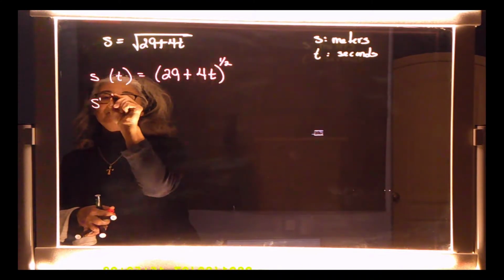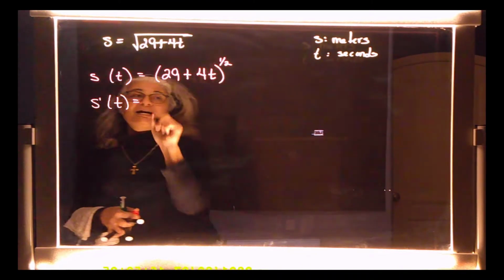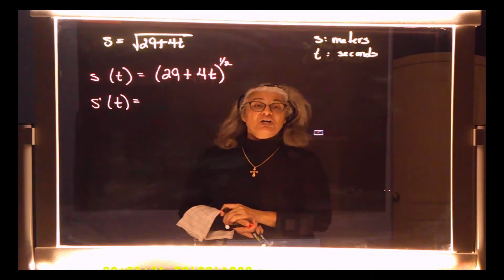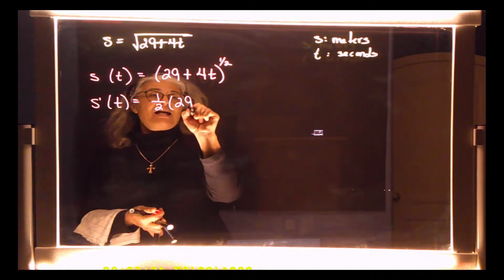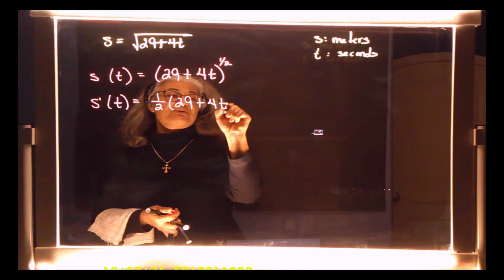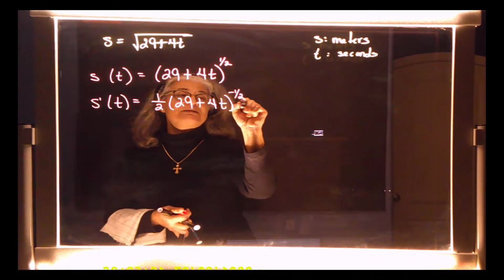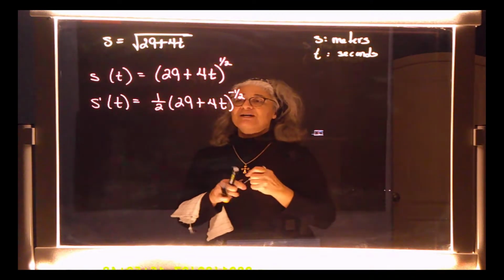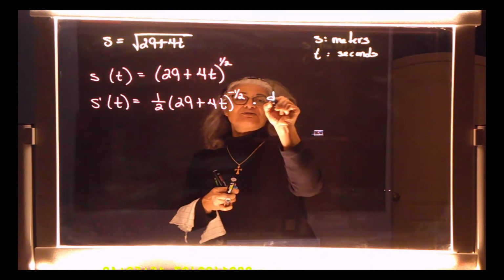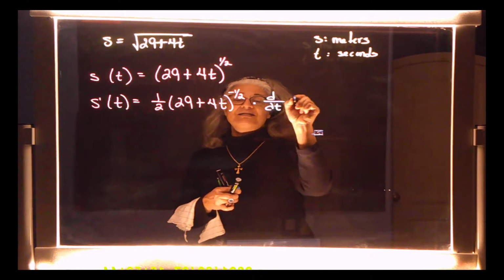So the derivative of this particular function, how do I find it? Good, power comes down. And then, good, reduce the power by 1. And then what? Yeah, and then you have got to multiply this by the derivative of the inside.